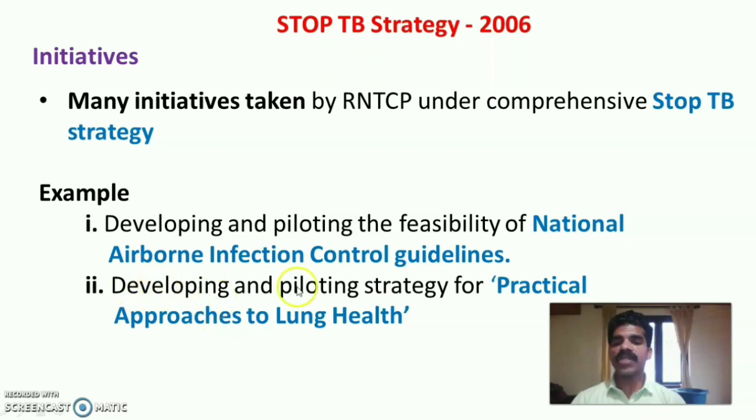And a second example is developing and piloting strategy action plans for practical approaches to lung health, that is improving the health of persons with lung diseases and lung problems, or promotion of lung health. That is a practical approach to how to clinically improve the strength of the lungs among TB patients. So these were examples of the initiatives taken by RNTCP. That is in short about the Stop TB Strategy 2006.